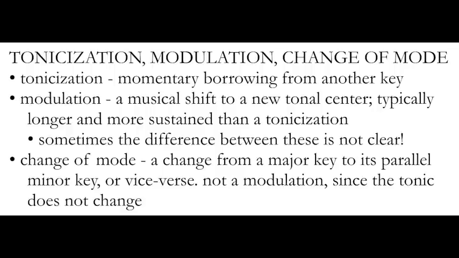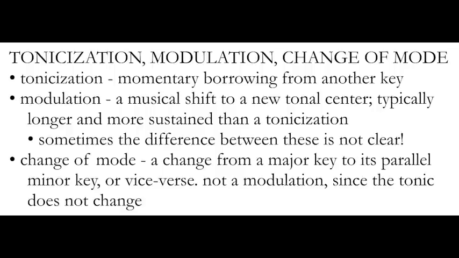In a tonicization, we pretend that a different diatonic triad is the tonic just for a short moment, but a modulation represents a larger scale musical shift to a new tonal center. We tend to lose that original tonic and establish a new tonic, a new key in which the music proceeds for a reasonable amount of time.